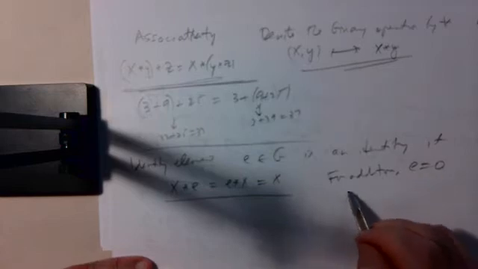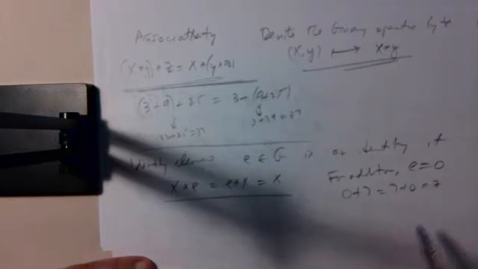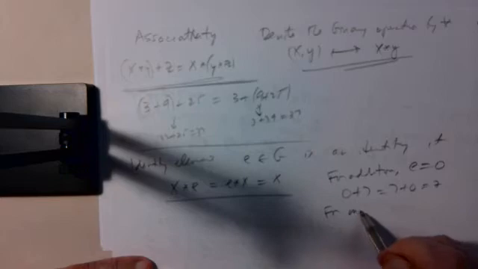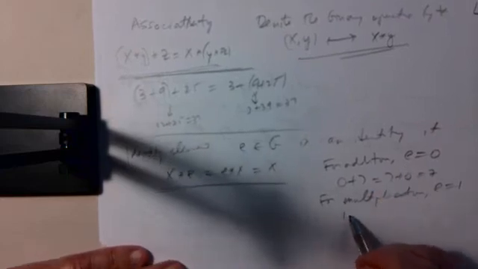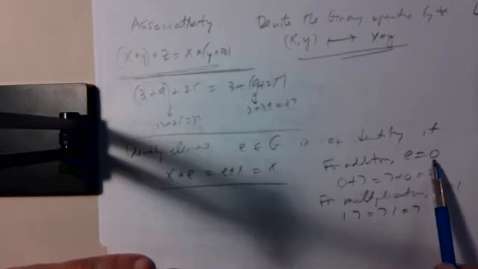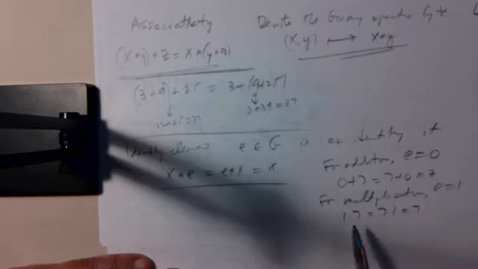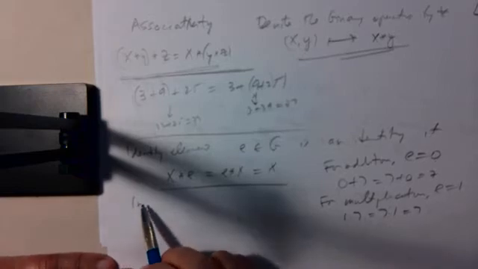Because for any number like 7, 0 plus 7 and 7 plus 0 are equal to 7. For multiplication, the identity element is usually denoted by 1. 1 times 7 and 7 times 1 is 7. So for ordinary addition, there exists an identity, the number 0. For ordinary multiplication, there's an identity, which is the number 1.